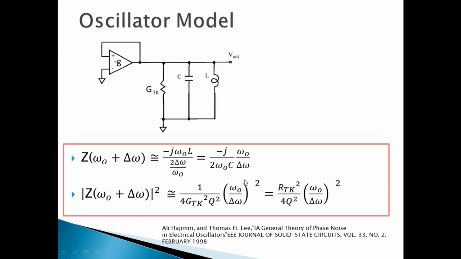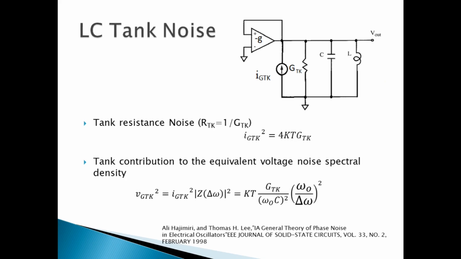You can notice that the absolute value of this complex impedance is given in this form. The noise power per hertz that is injected into the LC tank will be converted by the LC tank impedance, absolute value squared, into volt squared per hertz.